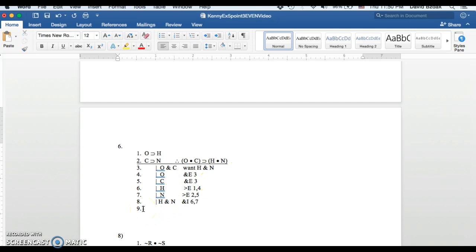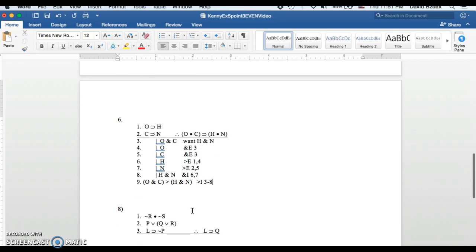So we come back over to this line, O and C, then H and N. And that's by conditional introduction of lines 3 through 8. So again, we assumed O and C, we derived H and N. That proves that if O and C, then H and N. All right.